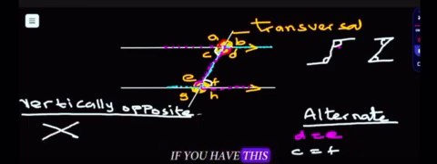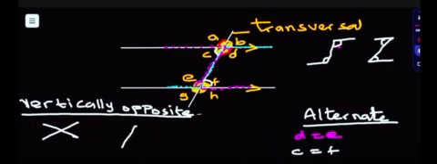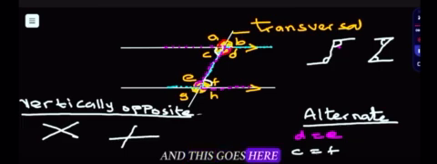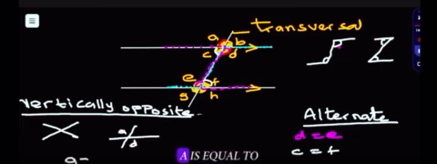If this is A and this is D, A is equal to D. Why? They are vertically opposite. And B is equal to C. Why?